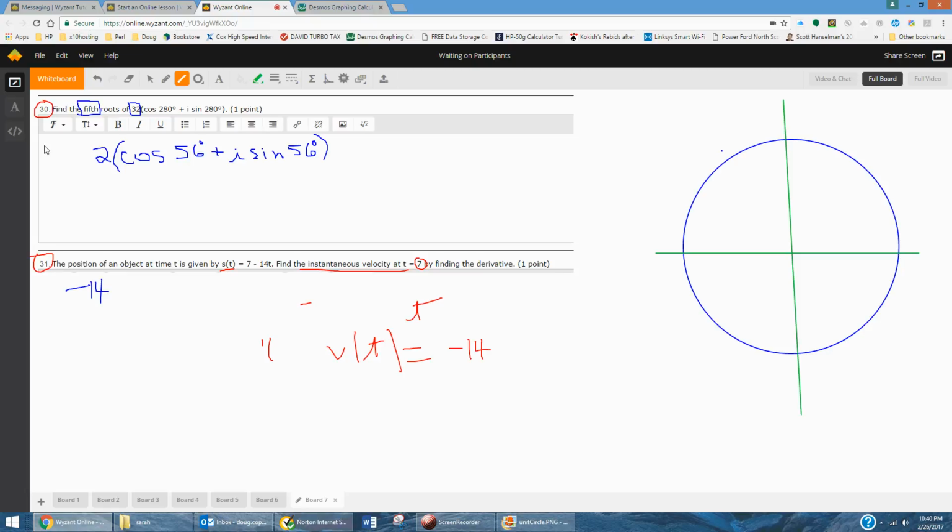What we want to do is divide this circle into 5 equal parts, where the first part was 56 degrees. So I go out here 56 degrees.